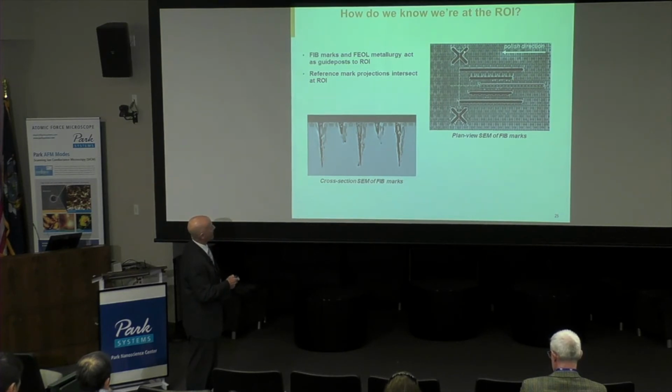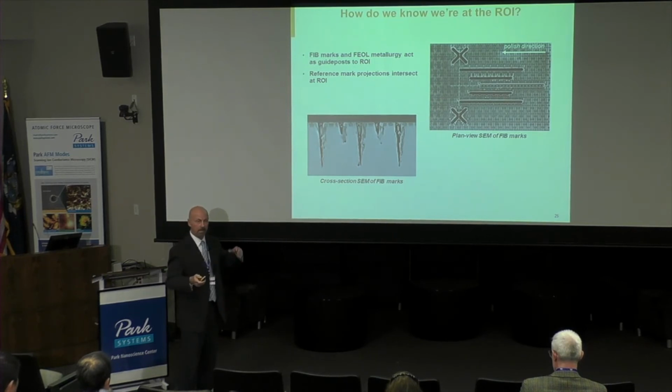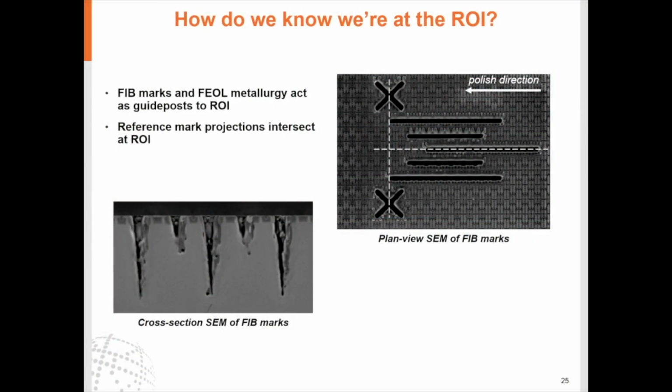And then when we get further and further, when we start to see these X's, as those X's converge, when we're looking at this cross-sectionally, just using optical microscopy, and then as we got closer and closer to the device, we'd actually put it in the AFM to get a topographic image to know when we're getting close. But that would tell us when we're getting close to the area of interest, and we need to really slow down our polishing.